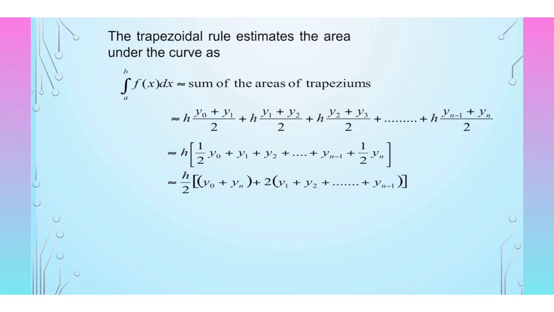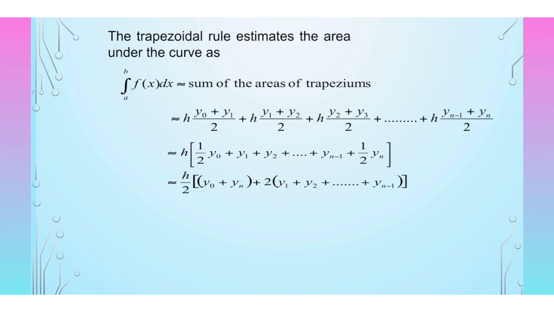For y0 over 2, we have half y0. Then y1 over 2 plus y1 over 2 becomes y1. As for y2 over 2 plus y2 over 2, it becomes y2. And then until the last one, which is yn over 2.